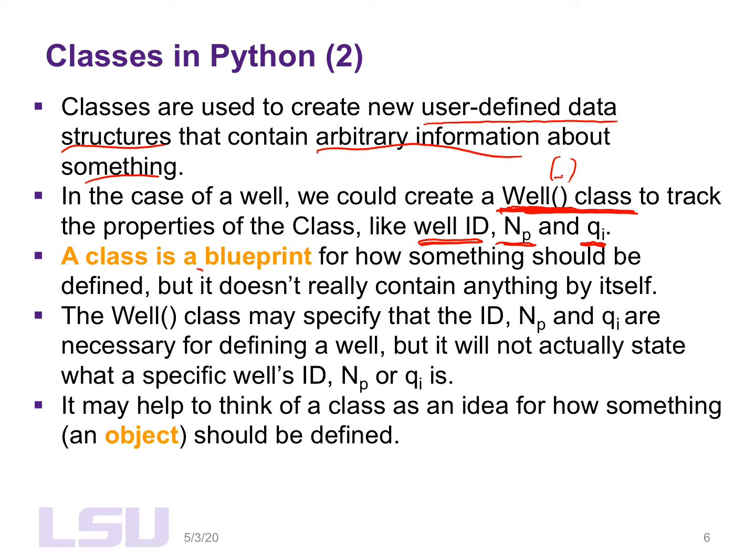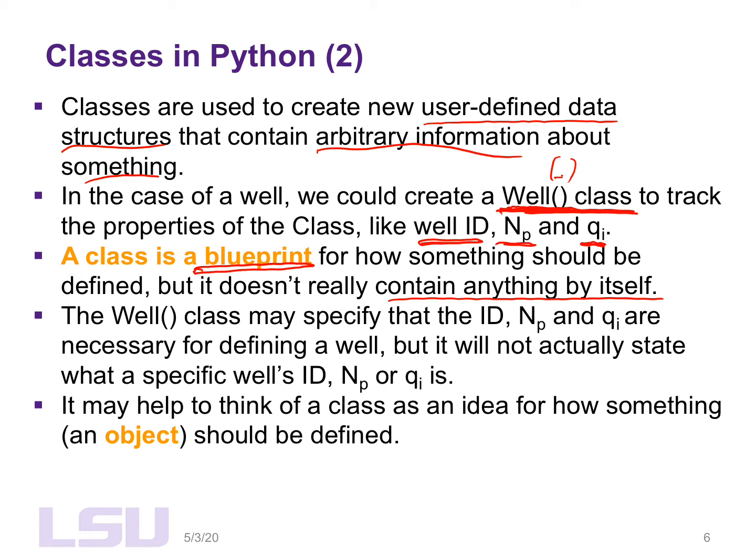A class is a blueprint for how something, in this case an object, should be defined, but it doesn't necessarily contain anything by itself. The classical example of this is your architectural plan. It's the plan of the building, but it's not a building, right?